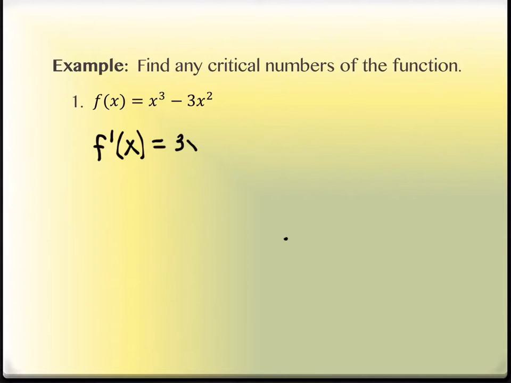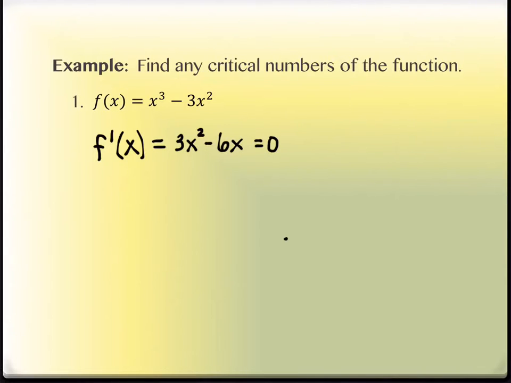Good. 3x squared minus 6x. So critical numbers, you take the derivative, and then what do you do with it? Set it equal to 0. And potentially also find out if it doesn't exist, but these are polynomials, right? So it's never going to not exist. Polynomial functions exist on the whole number line.